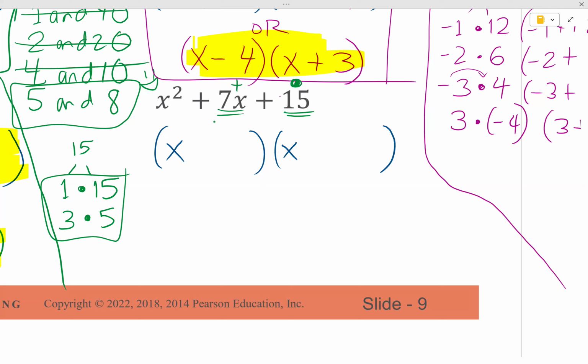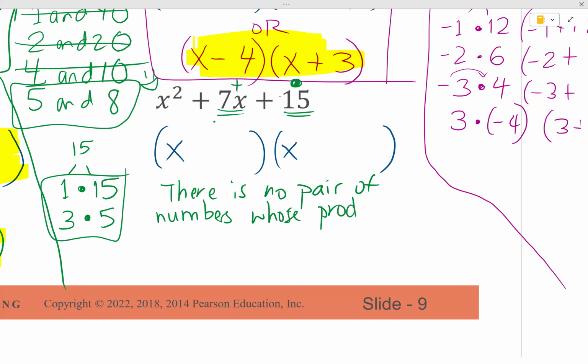I think that this means there is no pair of numbers whose product is 15, and whose sum, in other words, adding, plus, product means multiply, is 7.